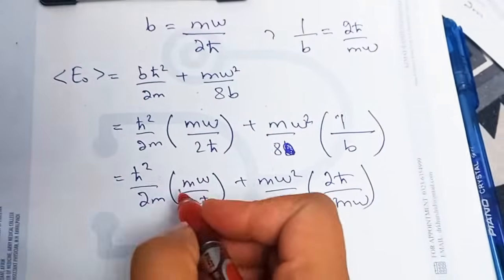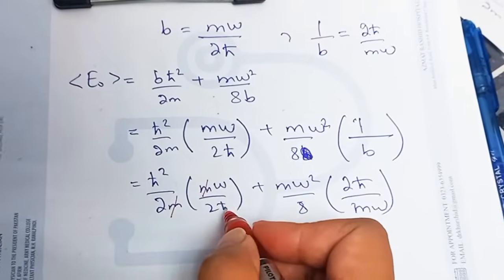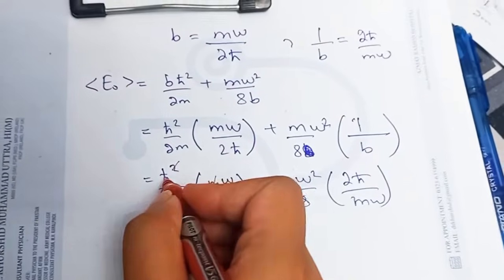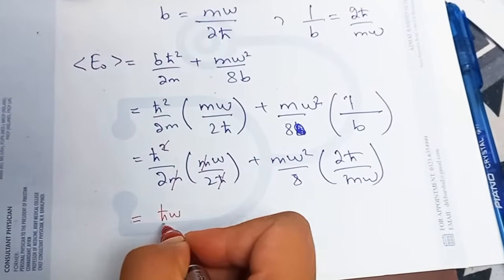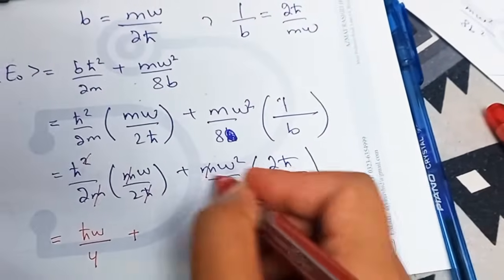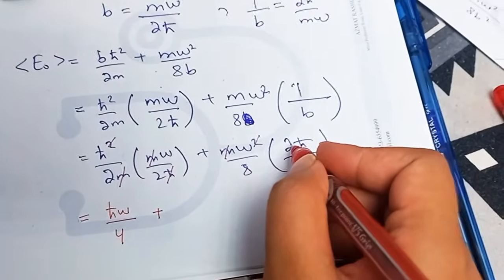So m cancels out. We have ħ² and ħ here, so one ħ cancels out. We are left with ħω by 2 into 2 over 4, plus this m cancels out, and one of the ω cancels out.